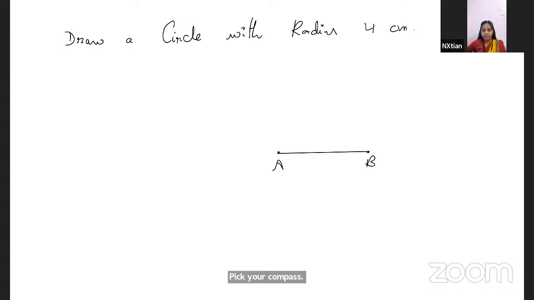Put the pointed end on A and your pencil on B. Or just measure 4 centimeter with your compass from the scale. You can do either: put the pointed part on A and the pencil on B, or measure that 4 centimeter directly on the compass using the scale. Okay, done.